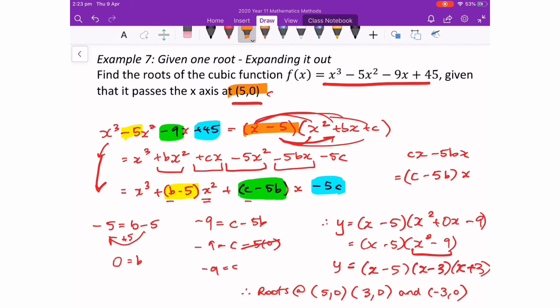The yellow ones are coefficients of x squared, the green ones are the coefficients of x, and the blue one represents the constant. And from that, I was able to find out what b and c are equal to. Once I found b and c, I substituted them back into the original factorized form, and I simplified it. And then because x squared take 9 is a difference of perfect squares, I was able to factor it again to figure out what my roots were. And now that my rule was given in root form, I was able to work out the roots.